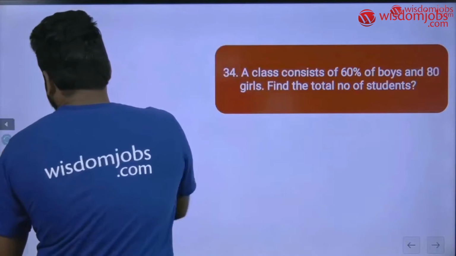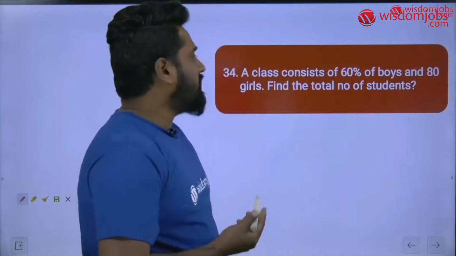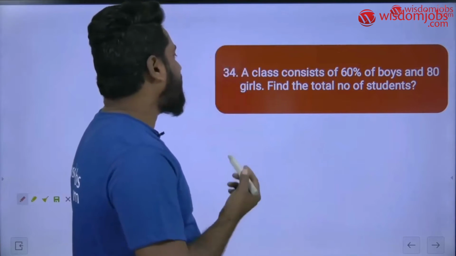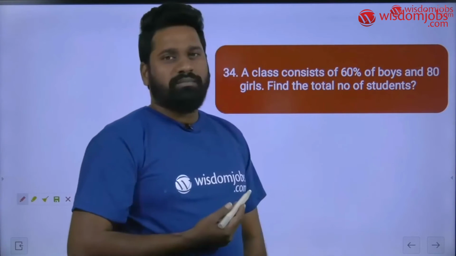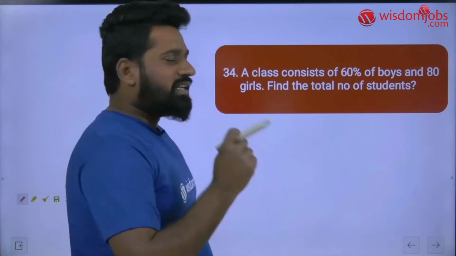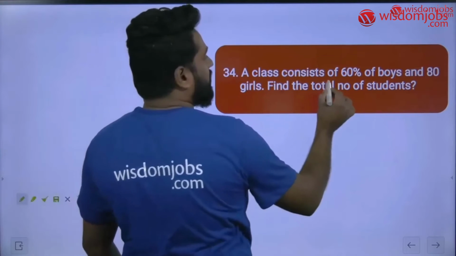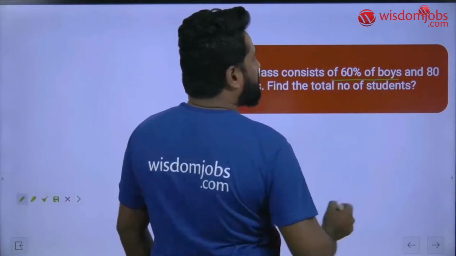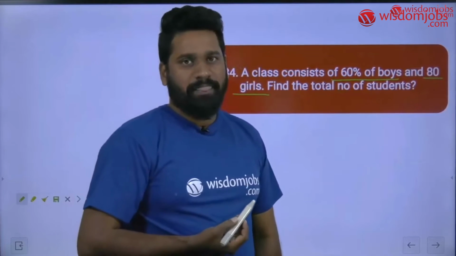Right, see here it is clearly given that a class consists of 60% boys and 80 girls. Is it clear? Now it is asking to find the total number of students. So one thing is clear here, 60% boys is given. Is it clear? 60% boys and the number of girls, 80, is directly given.